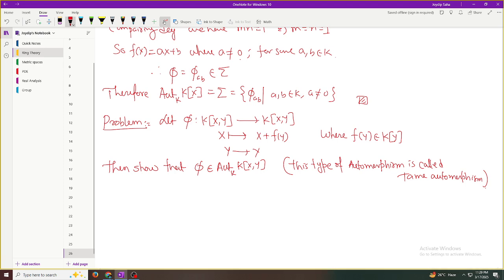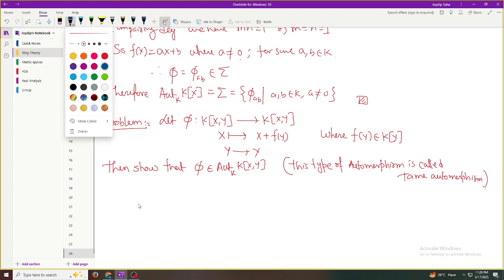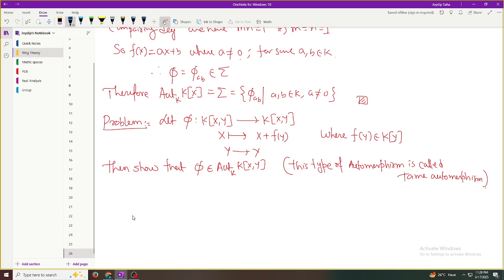So how to show it is an automorphism? At first, have you understood what I am saying here?